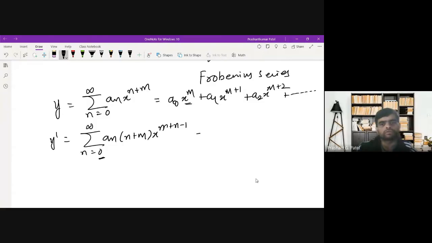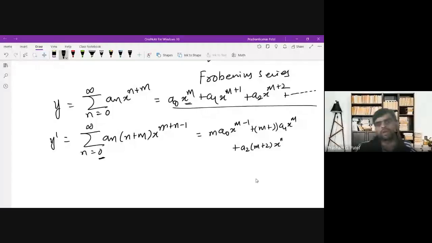In expanded form, that is m a0 x raised to m minus 1 plus (m plus 1) a1 x raised to m plus a2 (m plus 2) x to the power m plus 1, and so on. This is the series you will have.